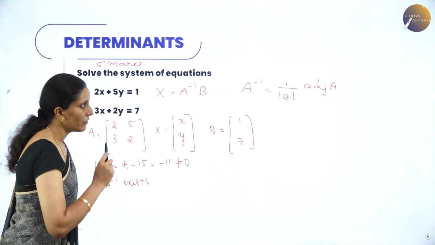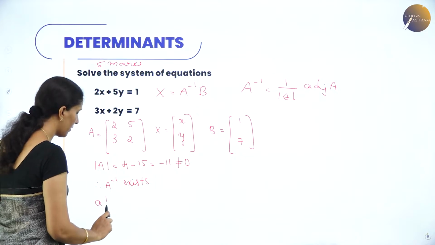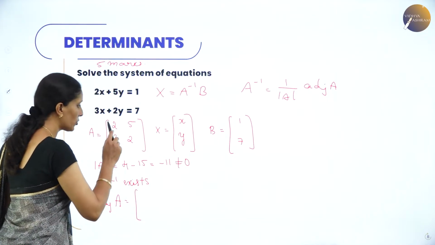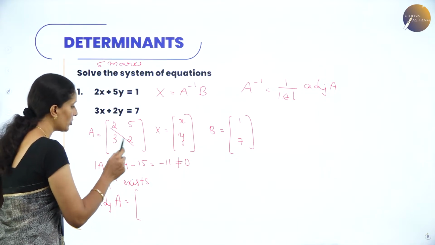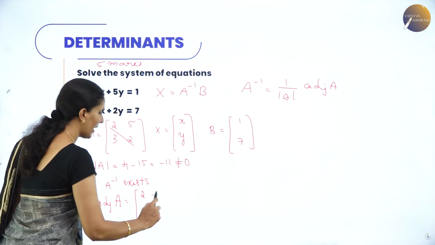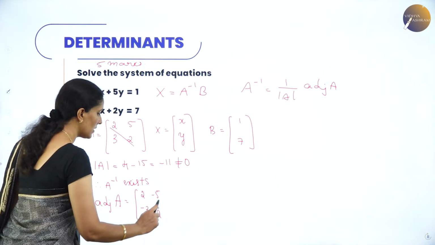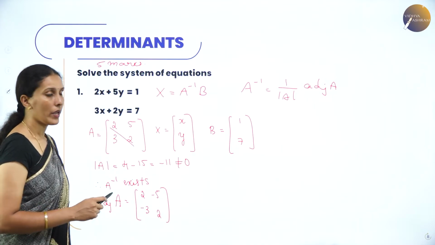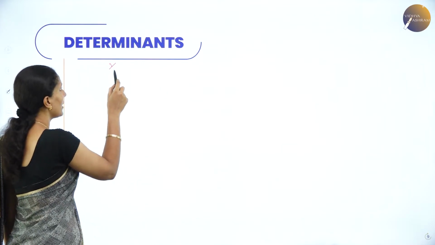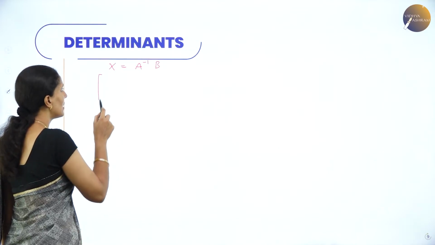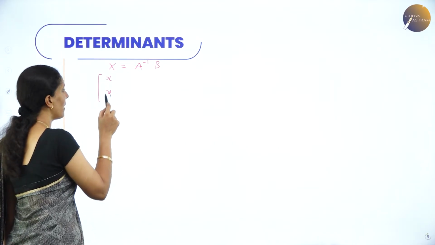Now, to find A inverse, we need adjoint A. And to find adjoint A for a 2 by 2 matrix, I have shown you the shortcut method: interchange the principal diagonal elements, change the sign of the other diagonal. So, this is adjoint A. Now, let's write X is equal to A inverse B. X is x and y.